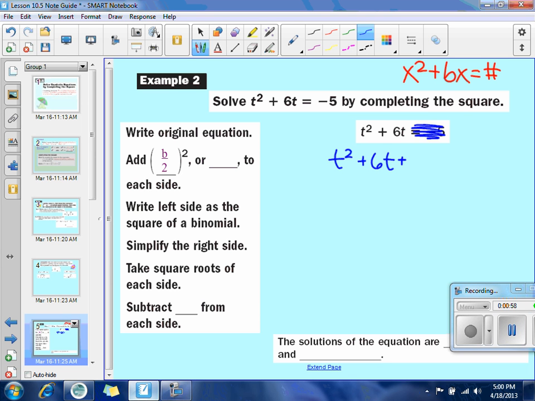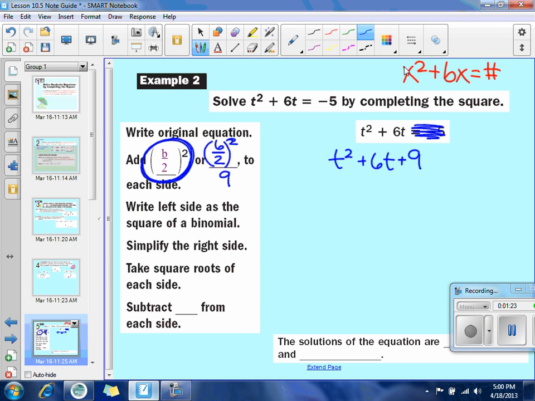I figure out that something else by doing half of b, squared. Well, b is 6, so half of 6 would be 3, and 3 squared would give me 9. If I add 9, now it's a perfect square trinomial.